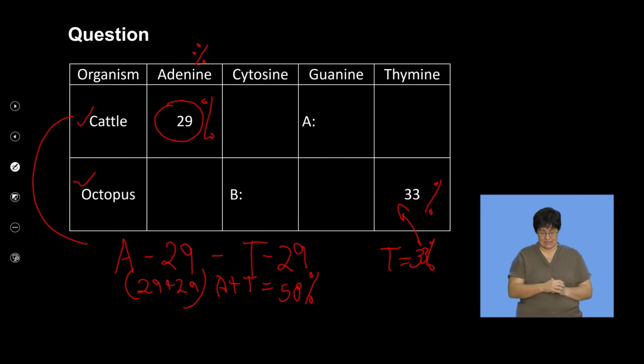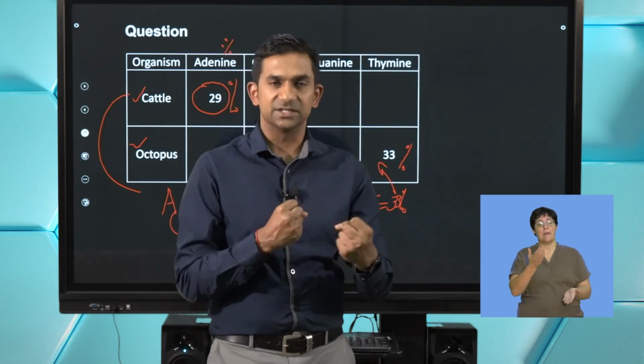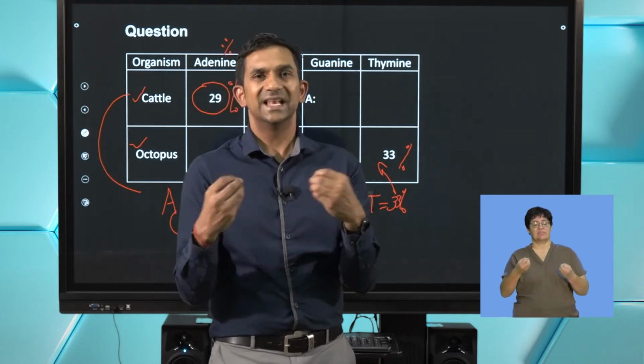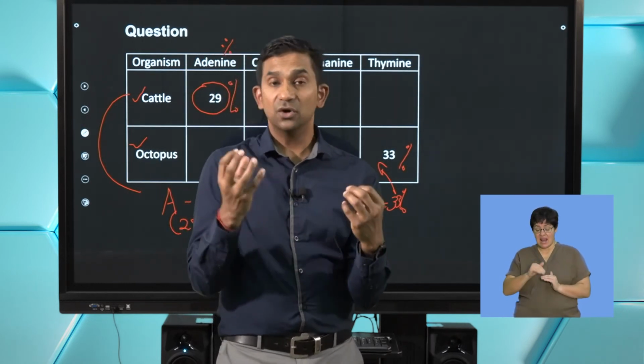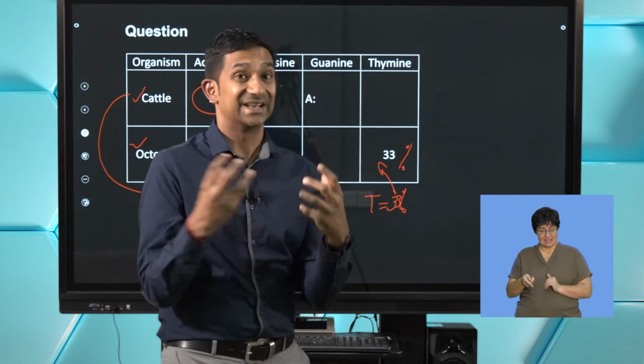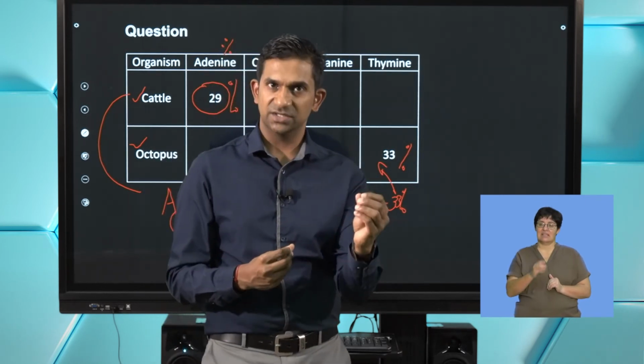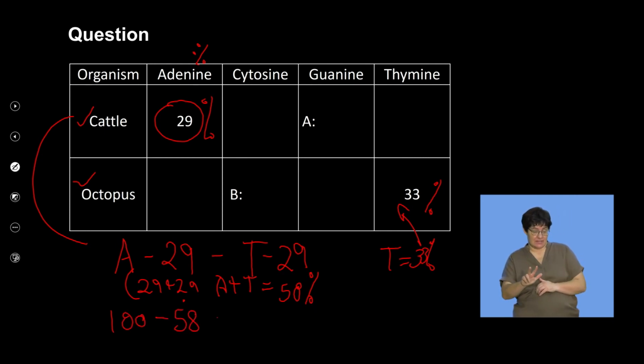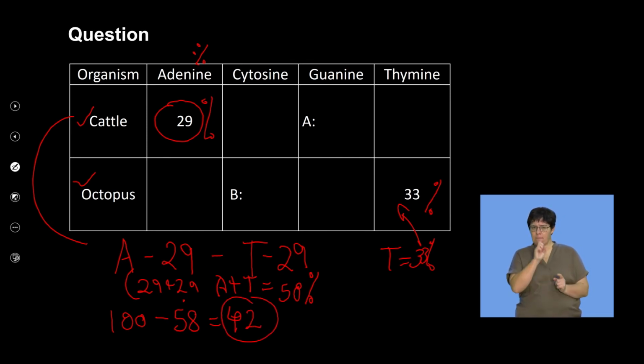Knowing that this is a percentage, it means that the balance of the percentage, so 100 minus 58, should give you what's left over. And so the leftover of bases, or what's remaining, is your cytosine and guanine. So 100 minus 58 is equal to 42. And if we unpack that, it means that the balance, which is guanine plus cytosine, equals 42.